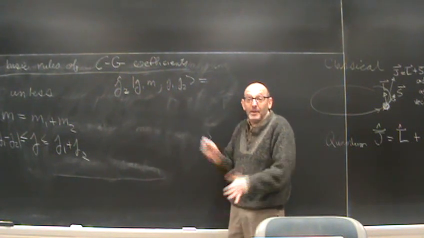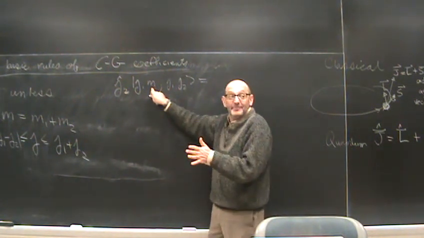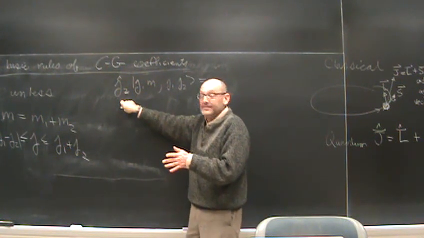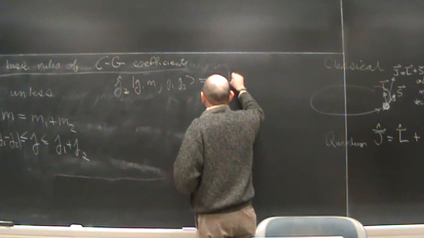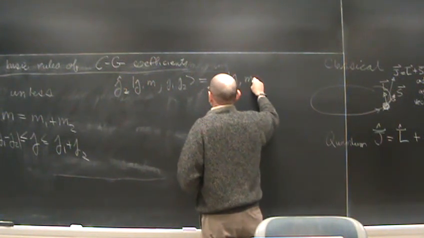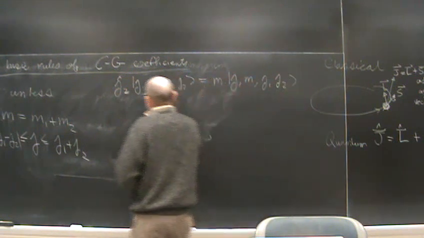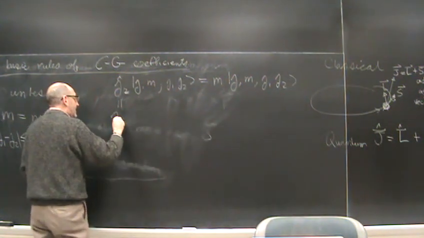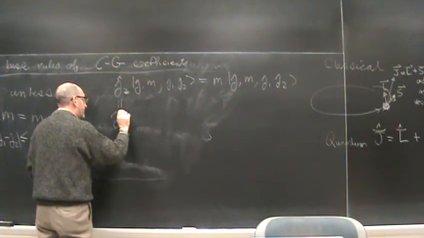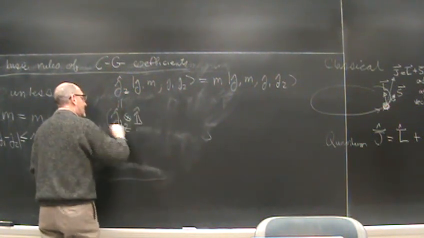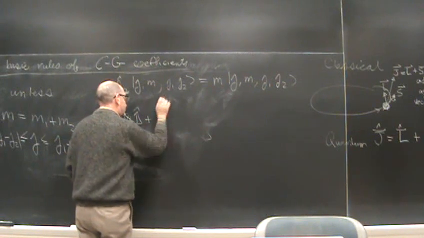M, right? By definition, M is the eigenvalue of the total Jz. So this is M times that. But this operator is also, of course, this.